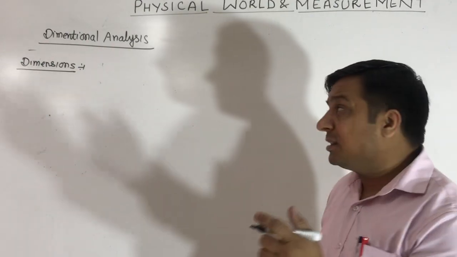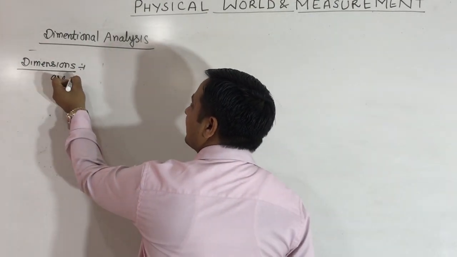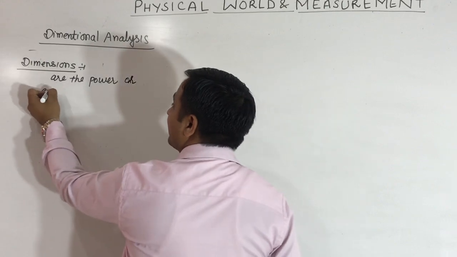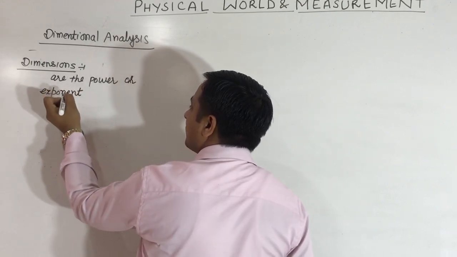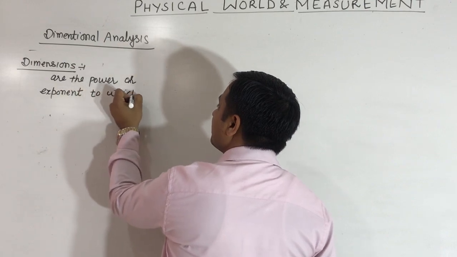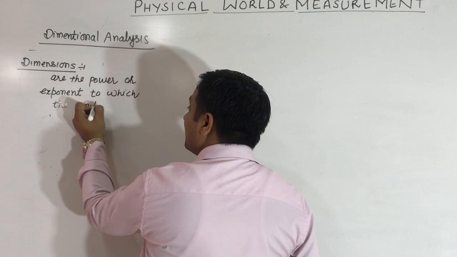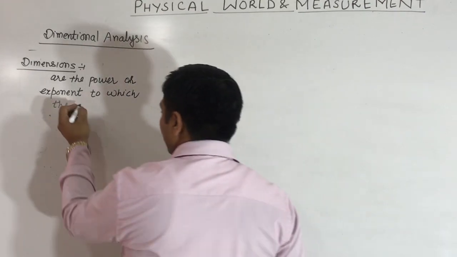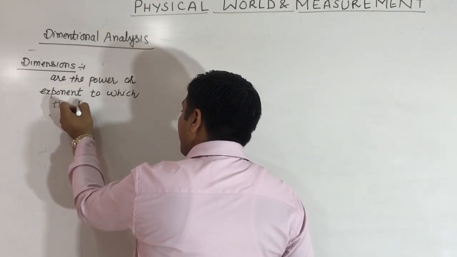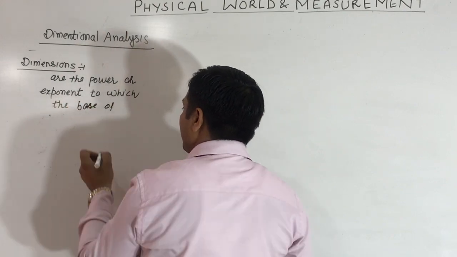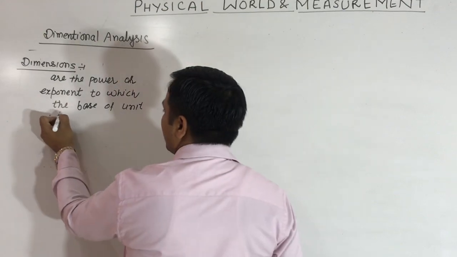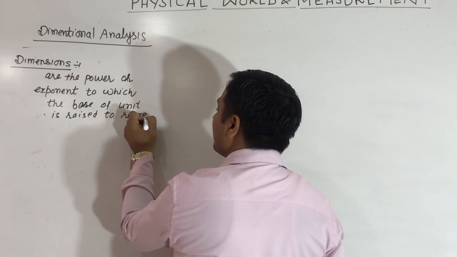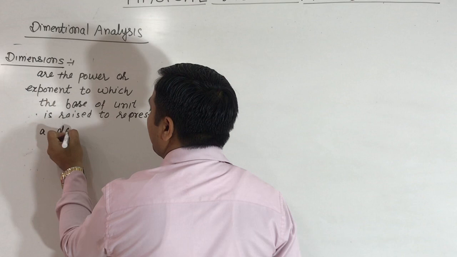So dimensions are the powers or exponents to which the unit of the base unit is raised to represent a derived physical quantity.